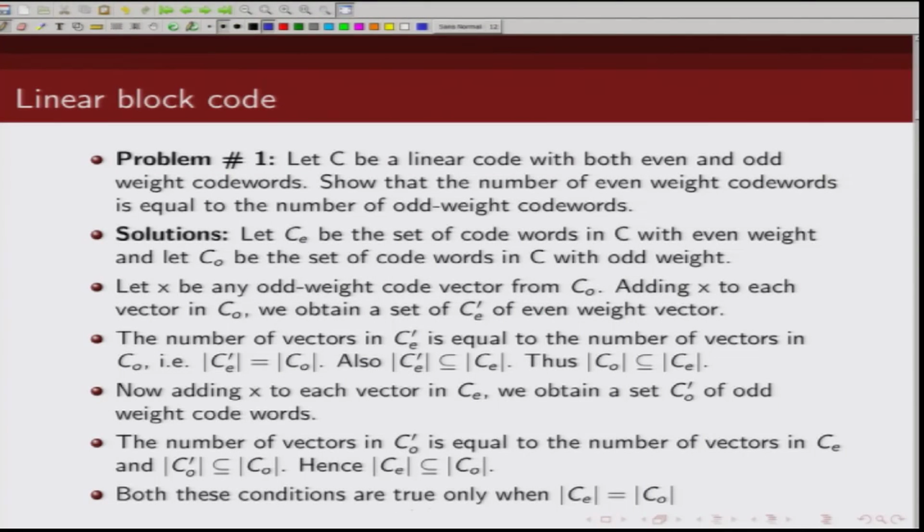So I repeat, these two conditions will be simultaneously satisfied only when the number of even code words is the same as the number of odd code words, and this proves our result.